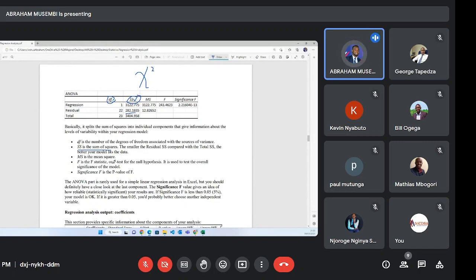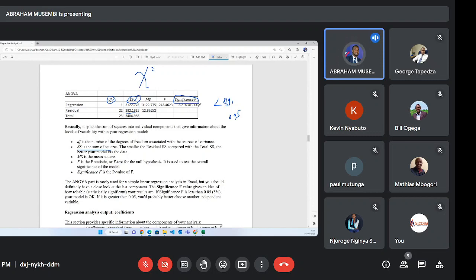And then we'll also talk about significance F. That is, if our F statistic is less than 5%, or less than 0.05, we will always say that our model is statistically significant. If it is statistically significant, then we can say that our model is statistically reliable.